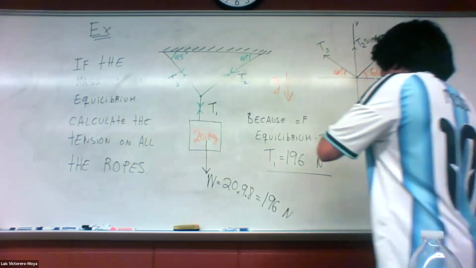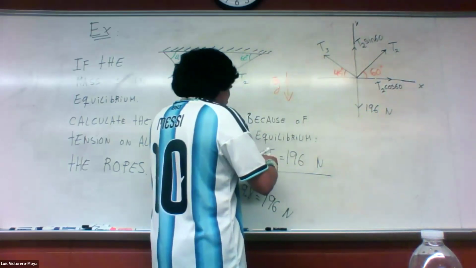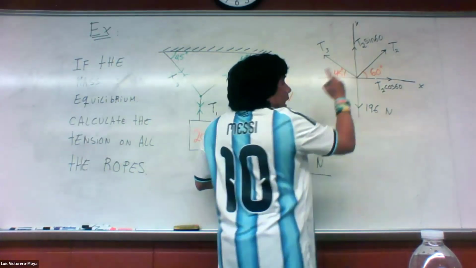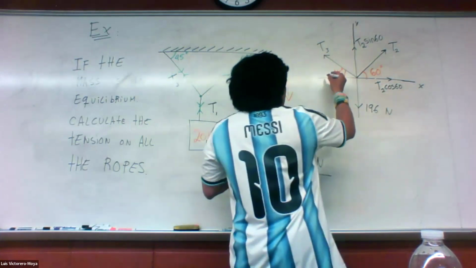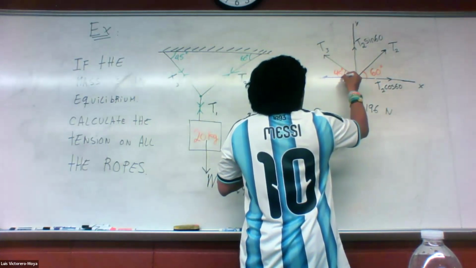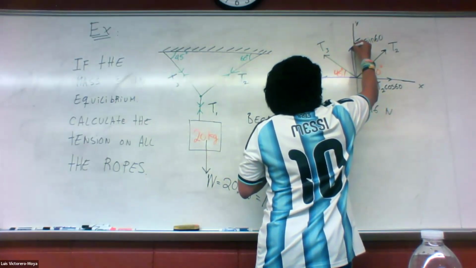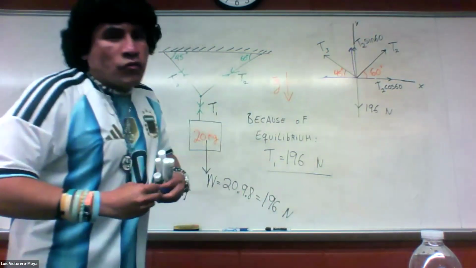So now let's do T3. But hey, T3 is acting towards the left and up as well. So what are the components of T3?